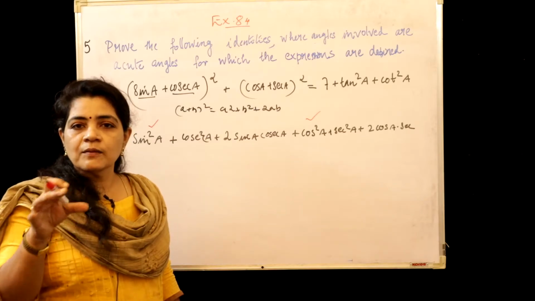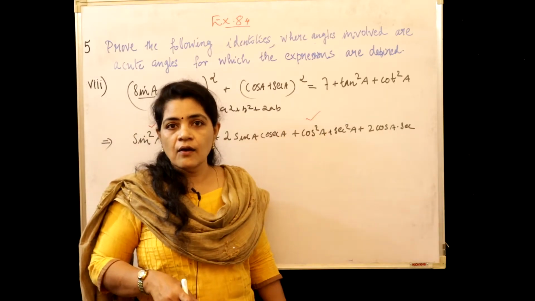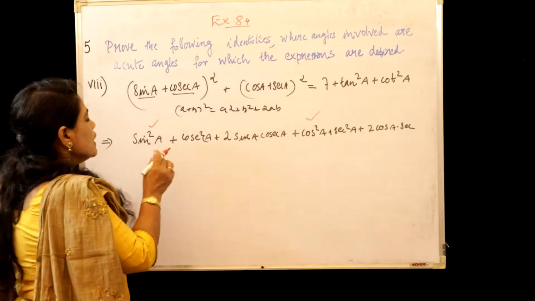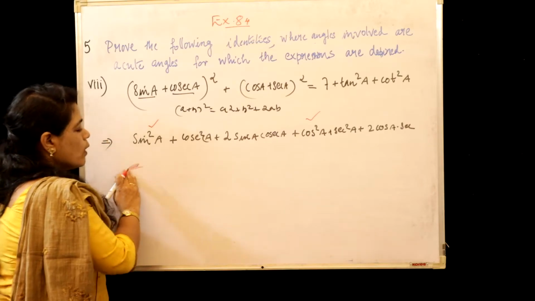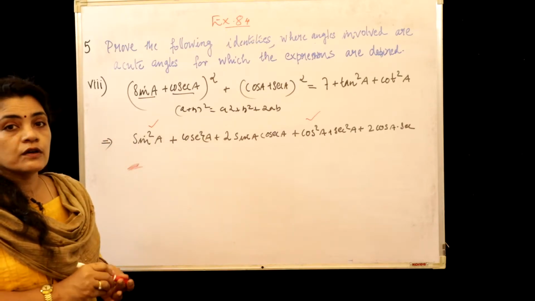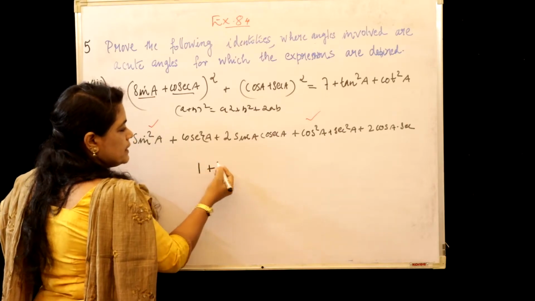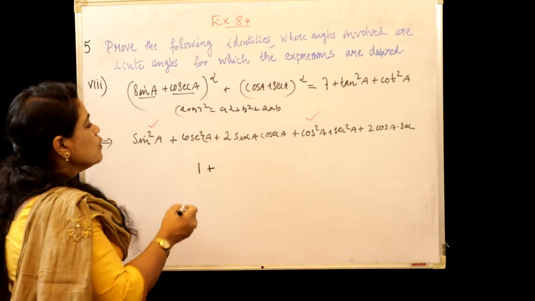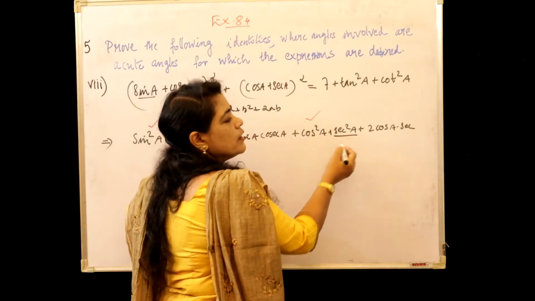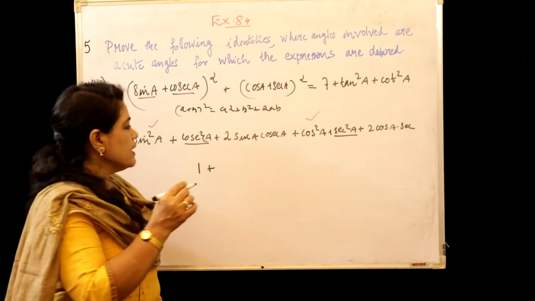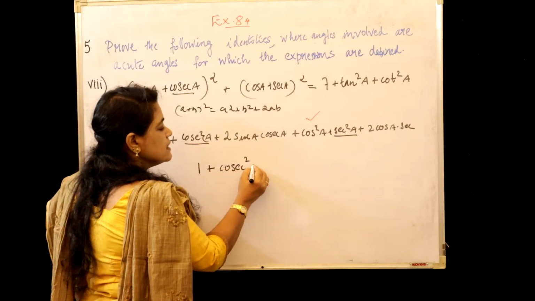That is, sin square A plus cos square A is 1, because we need a constant 7 in the RHS. So together this is equal to 1 plus cosec square A plus sec square A, keeping those as they are.